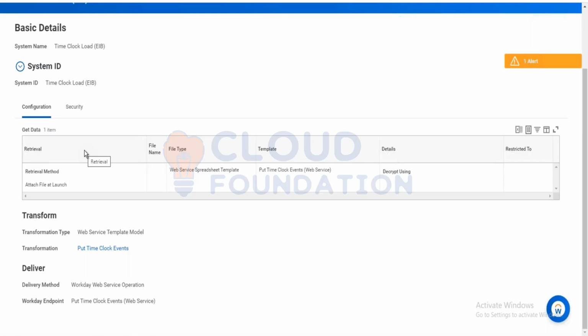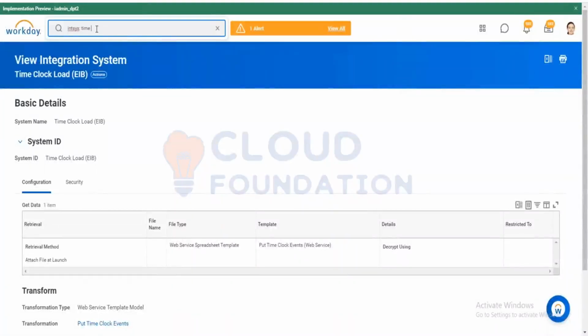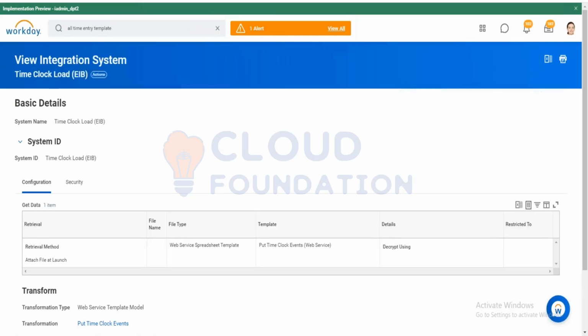All right. So yesterday we left our conversation at one of the areas, which is the time entry template. In order to identify your time entry templates, Workday gives a few things. If you want to see all the time entry templates, you just need to run the task All Time Entry Templates.